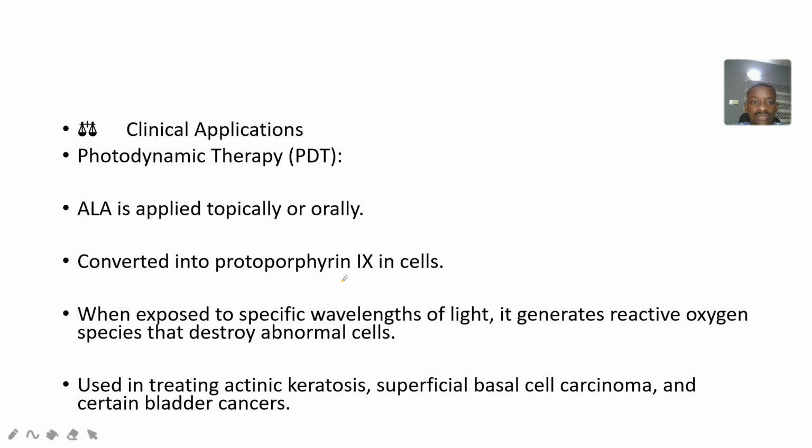Clinical application is mostly in photodynamic therapy. It is applied on the skin or taken through the mouth. It will be converted to protoporphyrin IX in cells. When exposed to specific wavelengths of light, it generates reactive oxygen species that destroy abnormal cells.